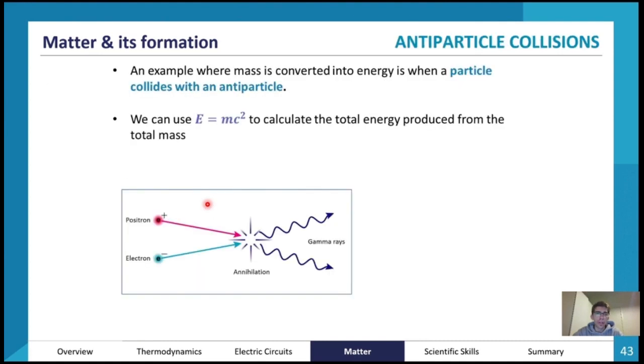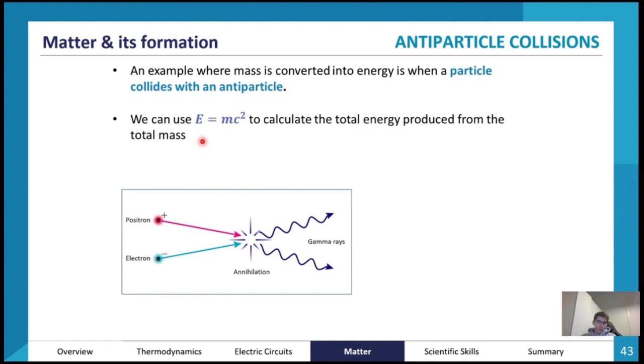And that is where Einstein's E equals mc squared became very useful, because if there is a difference in mass between the reactants and the products, we can calculate how much radiation or energy has been emitted, which is really cool.